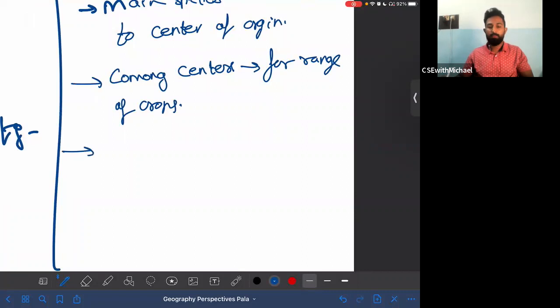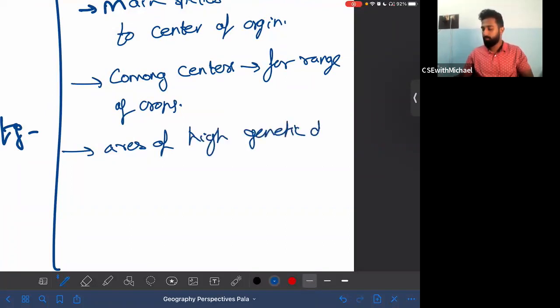And these are areas of high genetic diversity. Why are we saying high diversity? These are the original places where the crops have evolved, so there will be multiple types of this particular crop. Maybe we are taking one particular type of rubber and planting it elsewhere in the world, or one particular type of tomato.